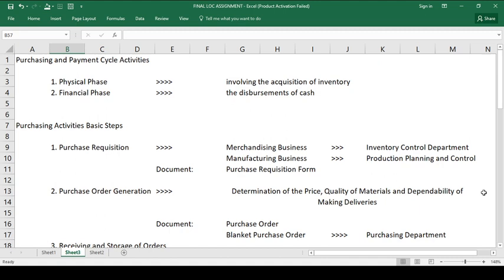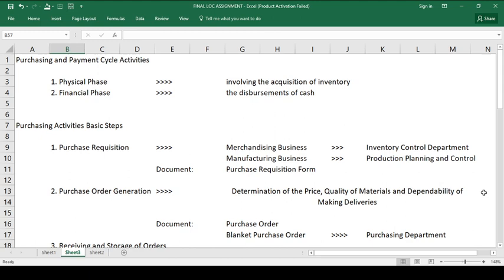In a purchase requisition na step, dito po natin nilalatag kung ano yung mga kakulangan ng mga inventory or what inventories needed to be ordered in a particular supplier. So, this is documented by a purchase requisition form.